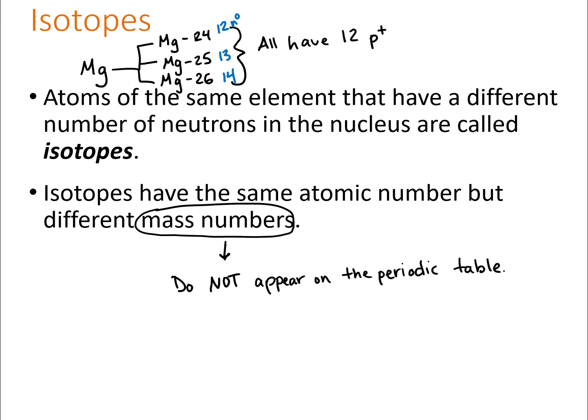You're counting the number of particles, so it should be whole. You can't have half a neutron. It doesn't make sense. However, on the periodic table, you will see the atomic number. And its location is usually above the symbol.